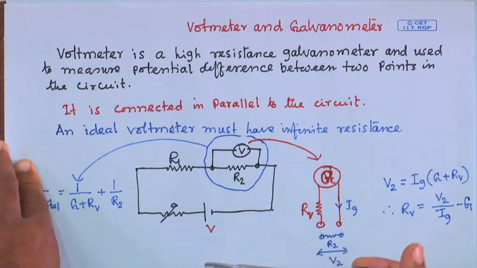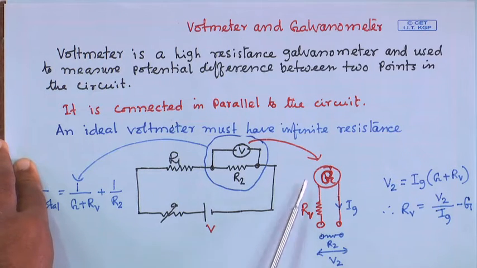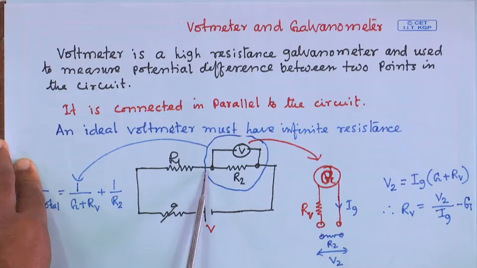So, why do I need infinite resistance? Because in the circuit I will connect this voltmeter to measure the voltage between two points, the voltage drop across this additional resistance I have shown in the circuit. What is the voltage drop or potential difference across this resistance, that is what I want to find out.